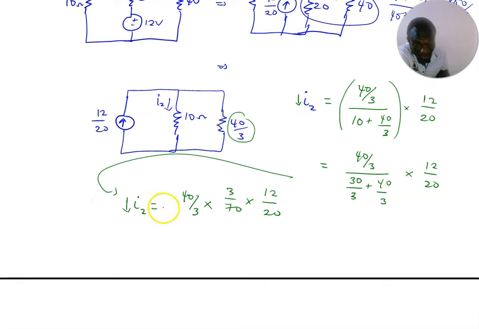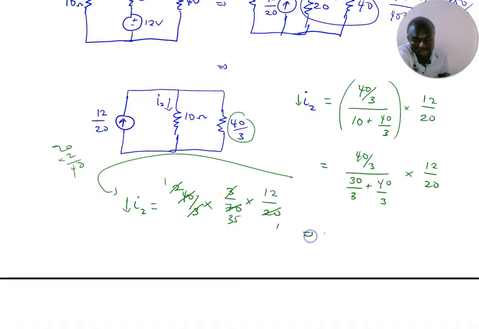So we should do some cancellation here. The 3 cancels the 3 here. 20 goes here 1, 20 goes here 2. So 20 times 2 is going to be 40. Yes. So we also have 2 going here 1, 2 going to this side, 35.